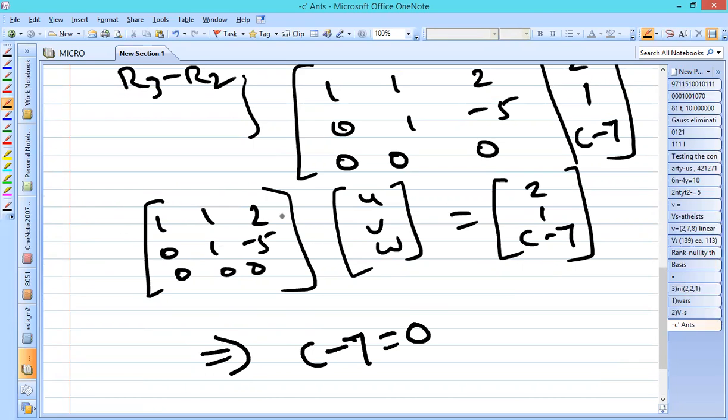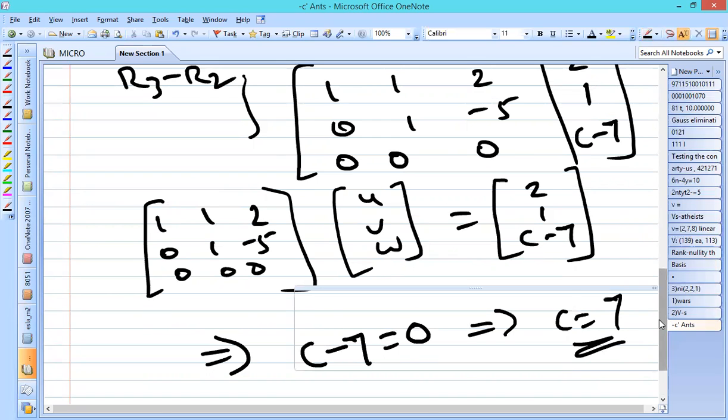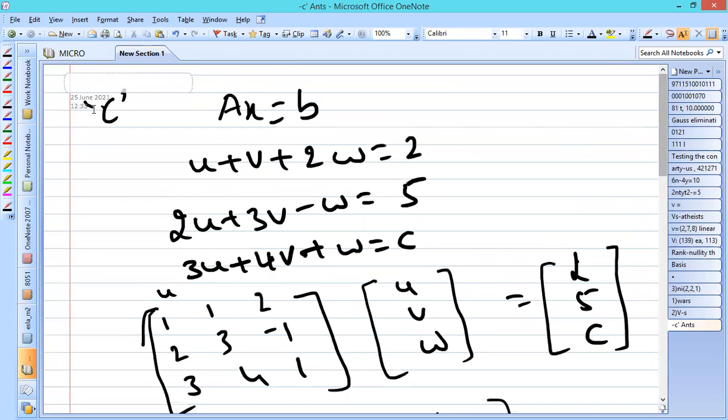You can write the other equations also, but it is not required in this problem because we are asked only to calculate the value of C. So equate C minus 7 is equal to 0, which is in the third row, which implies that C is equal to 7. For C is equal to 7, the system given in the form Ax is equal to B is going to be solvable.